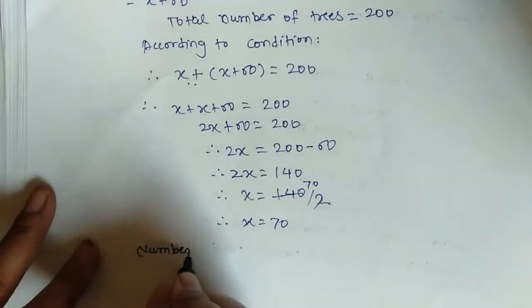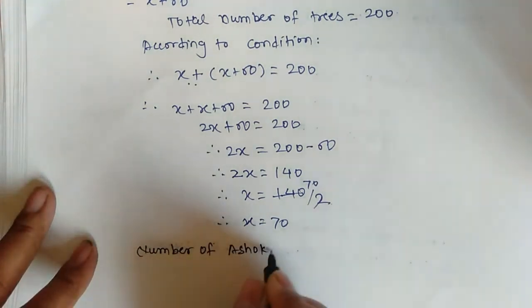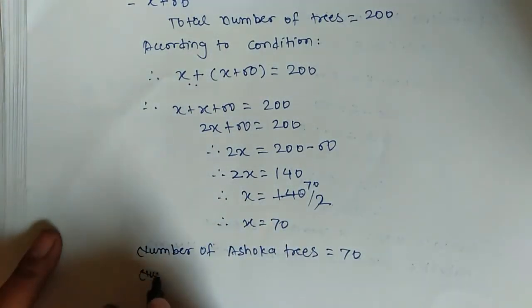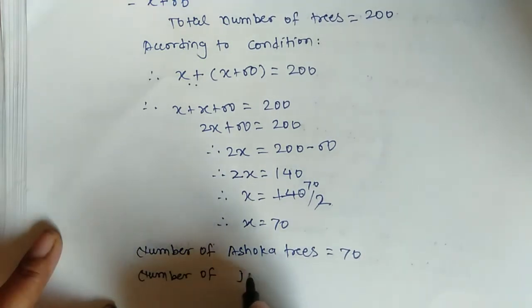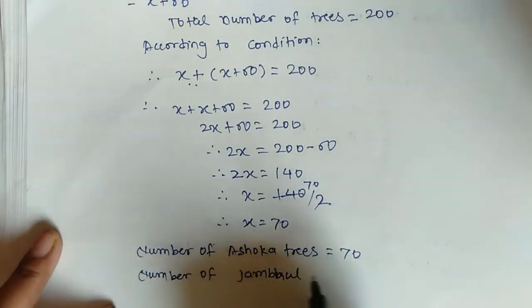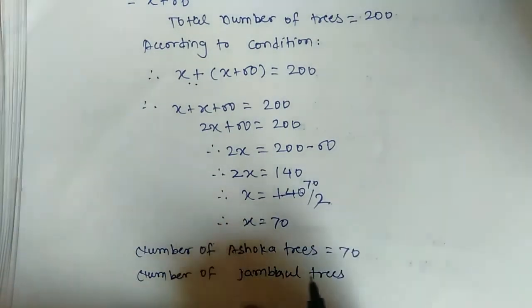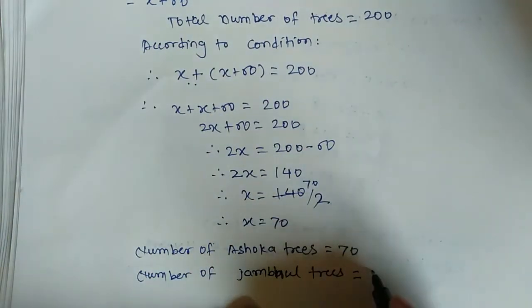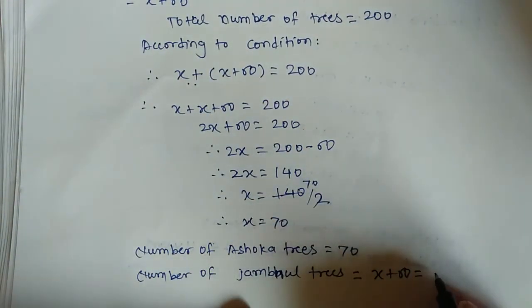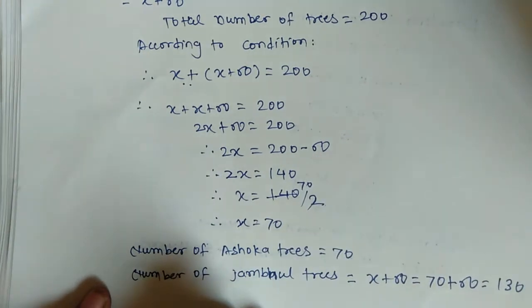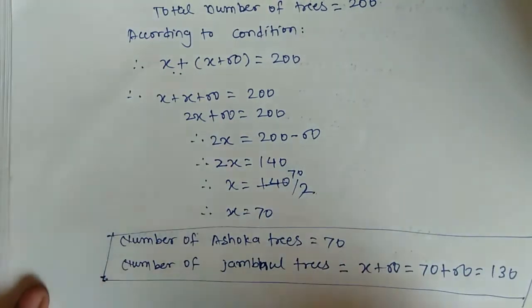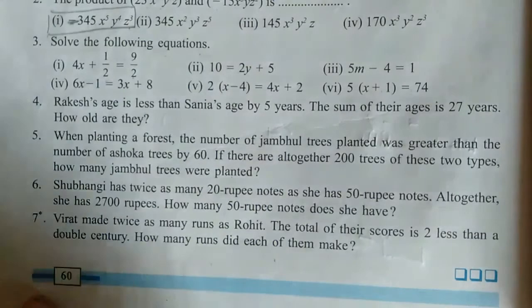So the number of Ashoka trees is equal to 70 and the number of Jambul trees is equal to x plus 60, means 70 plus 60, it is 130, correct? And this is the answer. Very simple.